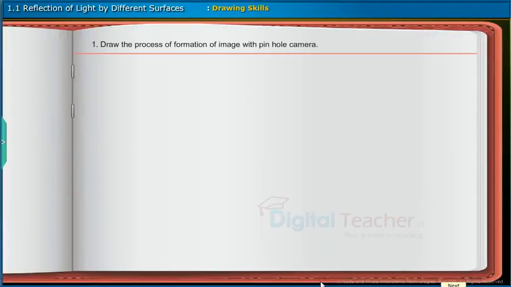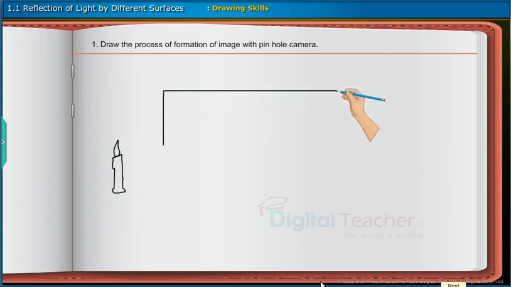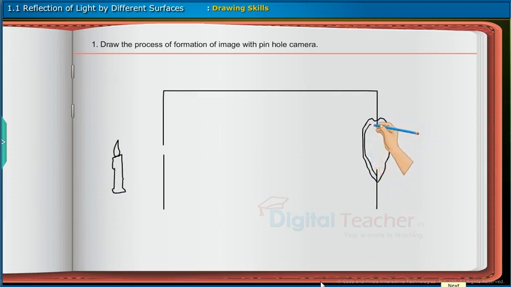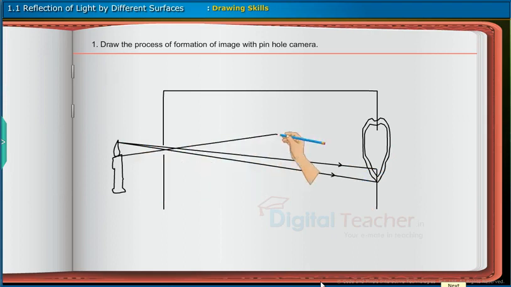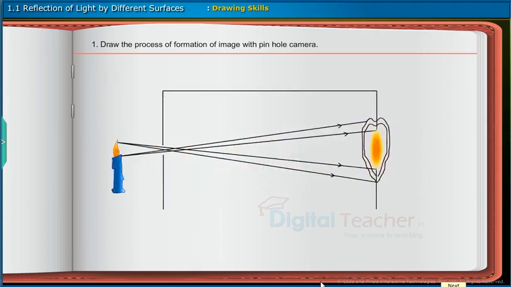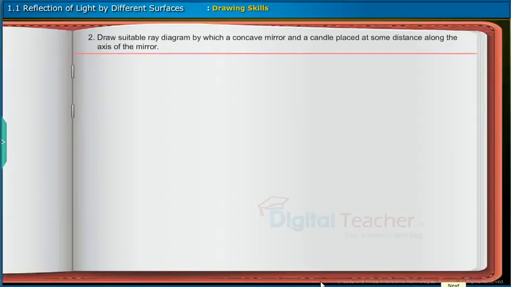Drawing skills. Draw the process of formation of image with a pinhole camera. Drawing skills.